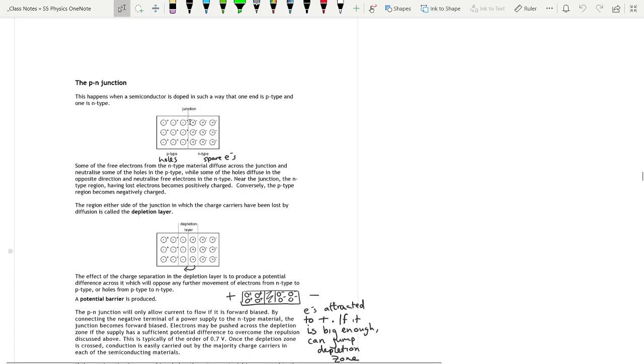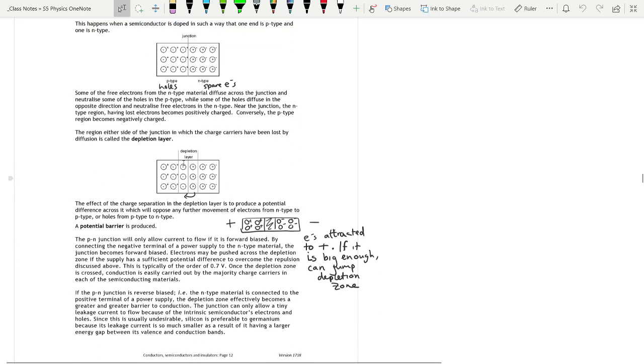And so you get this area here, which is called the depletion zone, where those electrons have filled the holes, and nothing else can happen because the electrons don't have enough energy to skip over this layer to fill these holes. So we call this a depletion layer, and it's very difficult to get past that depletion layer. So it's very difficult for electricity to flow.